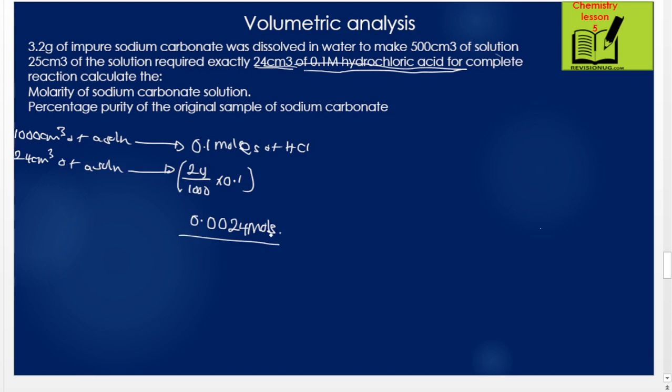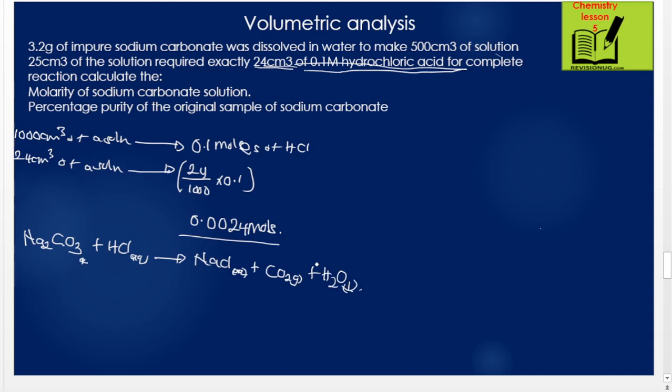Now after getting this, we are going to get the mole ratio, but by writing the equation. Then the equation, we are writing sodium carbonate, which is aqueous, reacting with hydrochloric acid, which is aqueous. Then we are going to get sodium chloride, which is aqueous, plus carbon dioxide, which is a gas, plus water, which is a liquid.